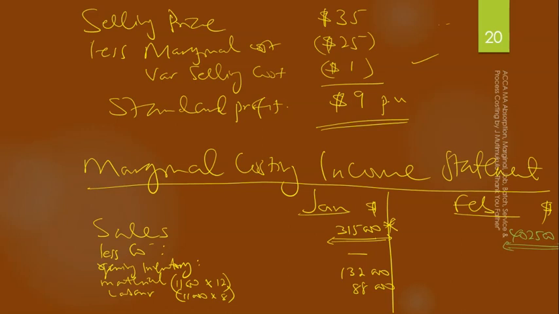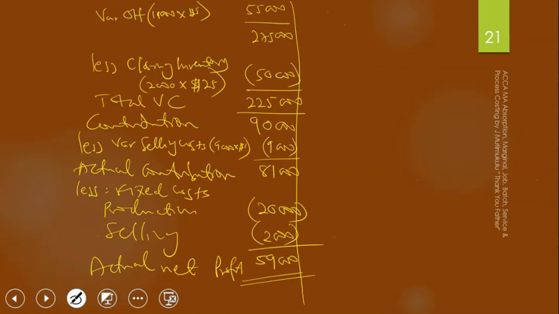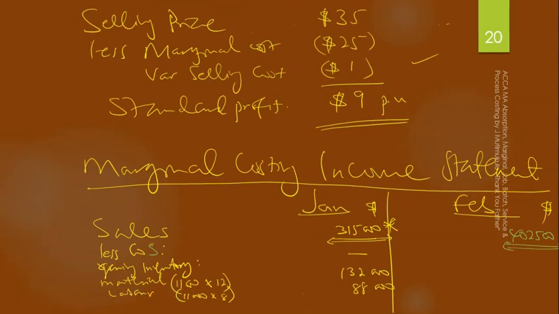Then we have to deduct the cost of sales, the opening inventory. Obviously, the opening inventory is now there in February because we have a closing inventory of 50,000. So that's our figure there. We have to slot in that figure. That's our opening inventory, 50,000. All right, then material costs.